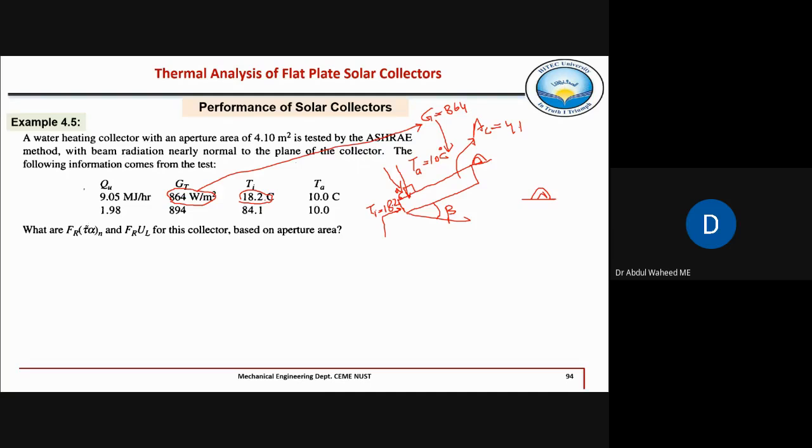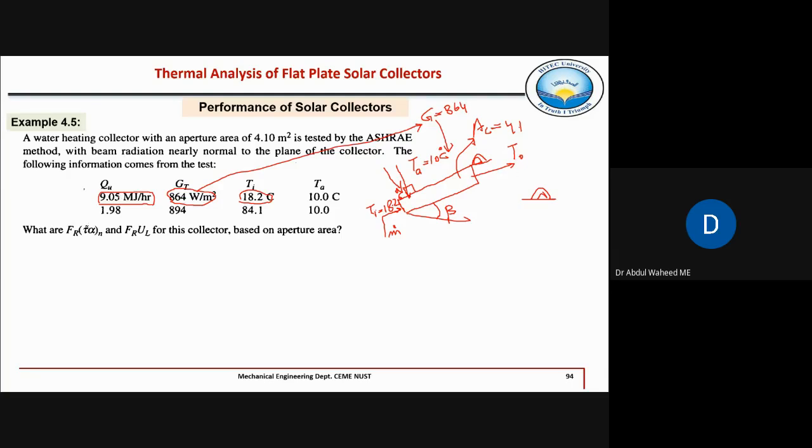Okay, TI is 18.2, ambient temperature is 10. Then QU is measured. How QU would have been measured? Actually, this collector would have been fed with this fluid at a certain mass flow rate. And actually, we are measuring TO, outlet fluid temperature.